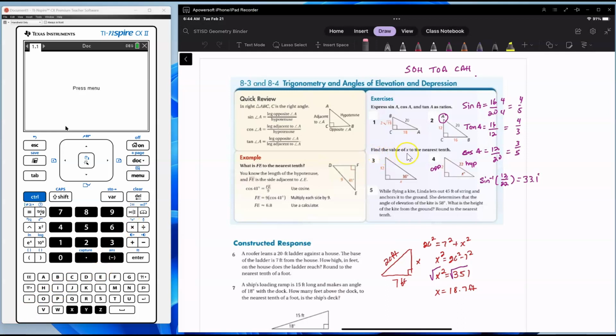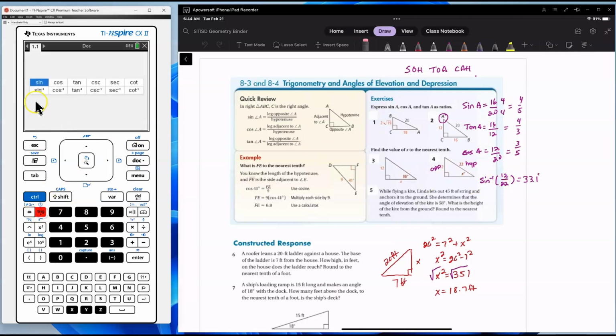Find the value of x to the nearest tenth. So we're trying to find the angle. Now, what do we know? It's a right triangle. We know there's the opposite side, there's a hypotenuse. So we're going to use sine is opposite over hypotenuse, which is 12 over 22. And then we're going to use inverse sine.